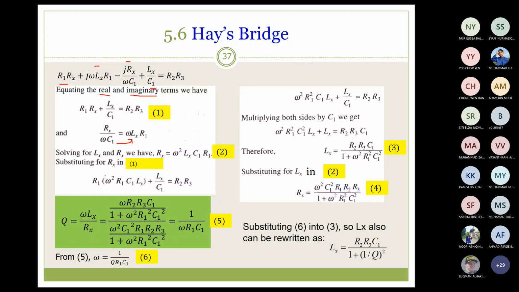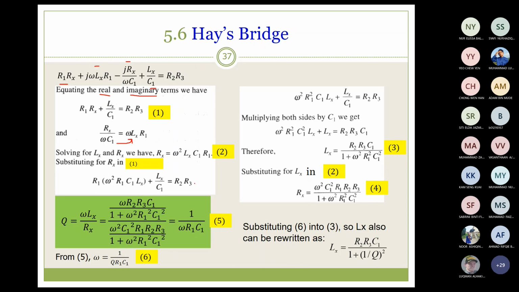Then we can find R1 Rx; we put this into this, and then we can get omega squared R1 C1 Lx plus Lx over C1 equal to R2 R3.